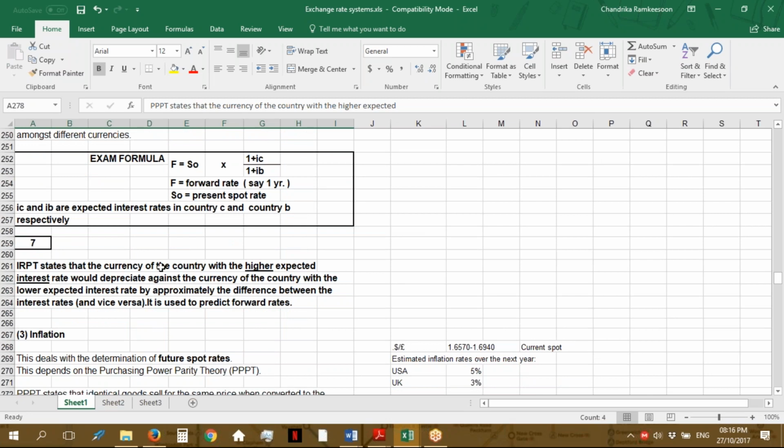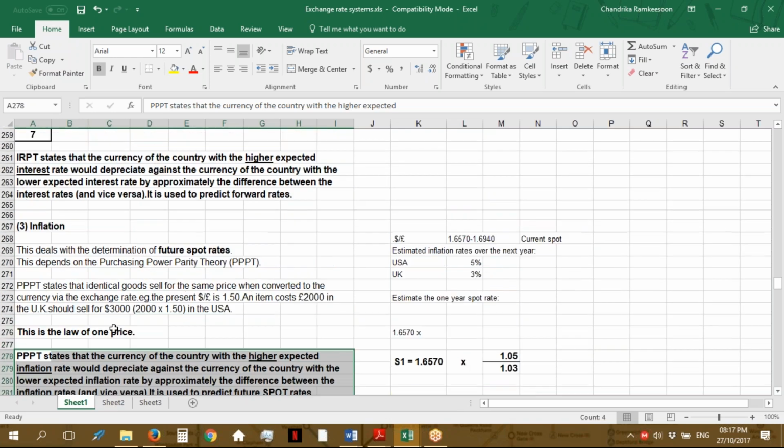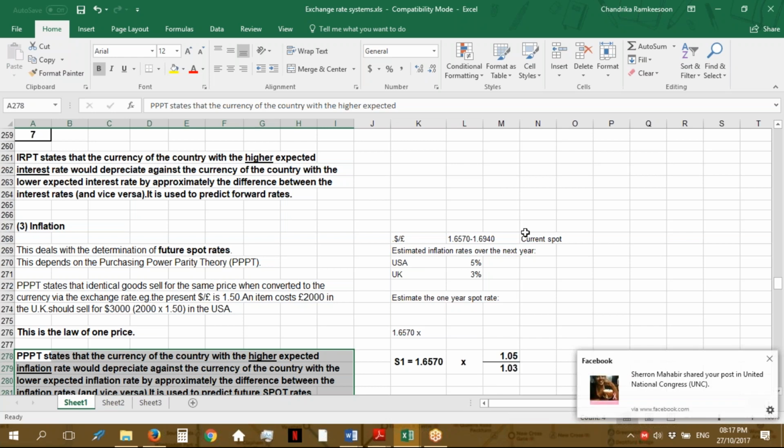IRPT states that the currency of the country. Now compare this with what we just read. We can always almost see both of them at the same time. IRPT states that the currency of the country with the higher expected interest rate, interest this time, not inflation, would depreciate against the currency of the country with the lower expected interest rate by approximately the difference between the interest rates and vice versa.